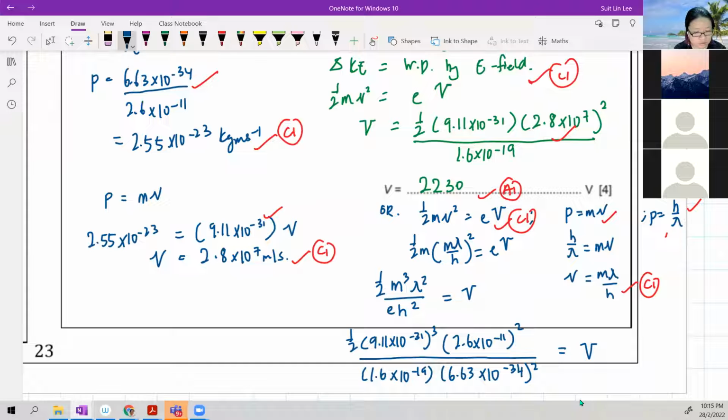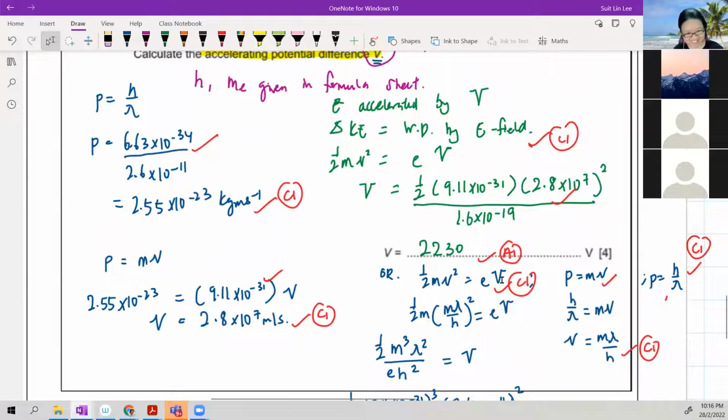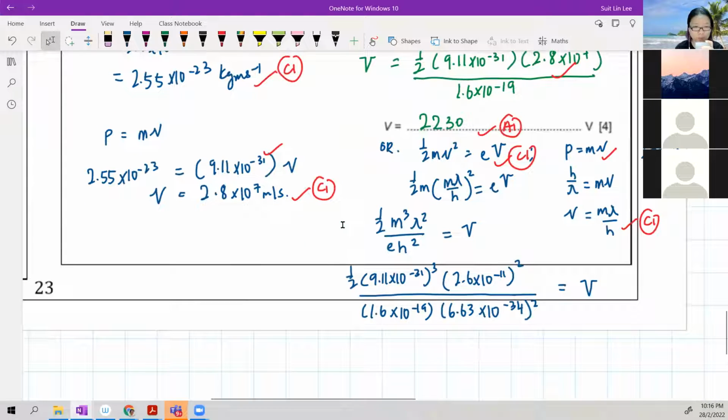What about this? Yep. Wow, my calculator cannot deal with the prefix. It's just error too. Okay, you stick to this one. This is fine. It's okay to just keep rounding to 2 to 3 SF along the way. I use the normal Casio calculator, not the fancy one.